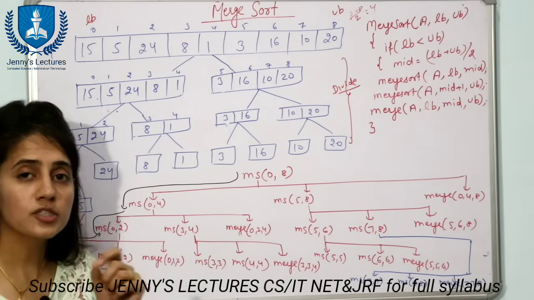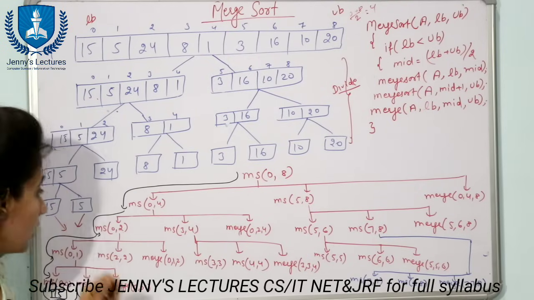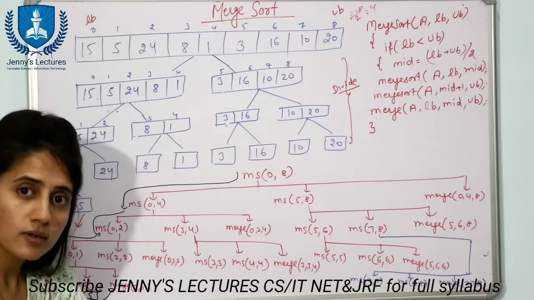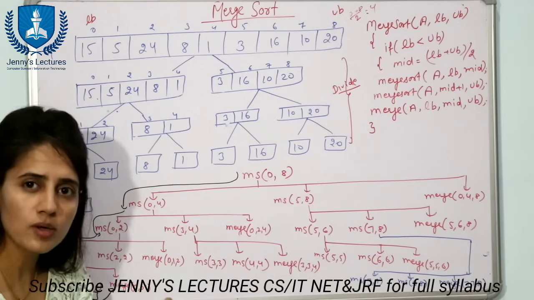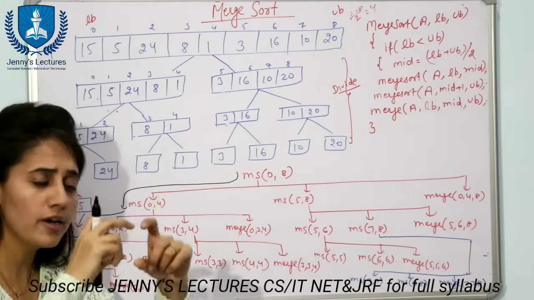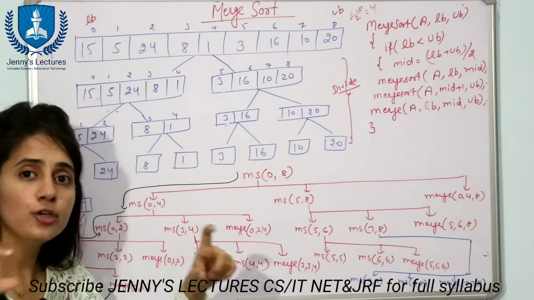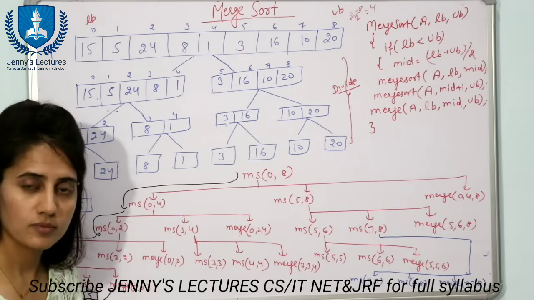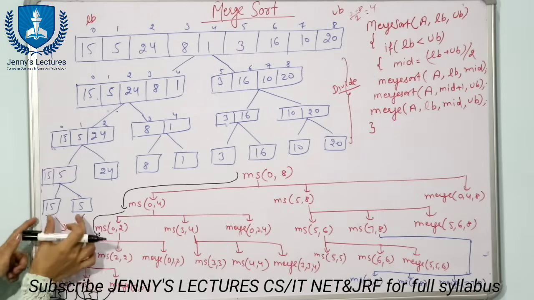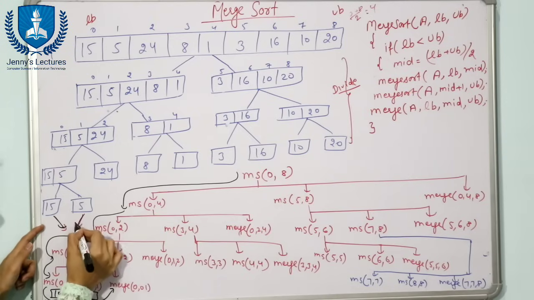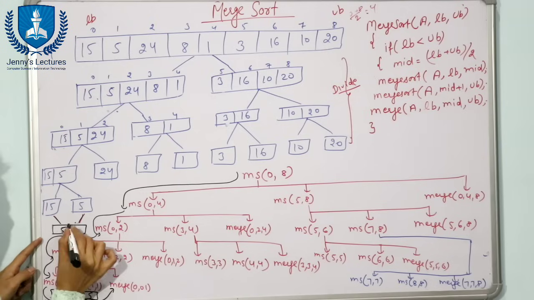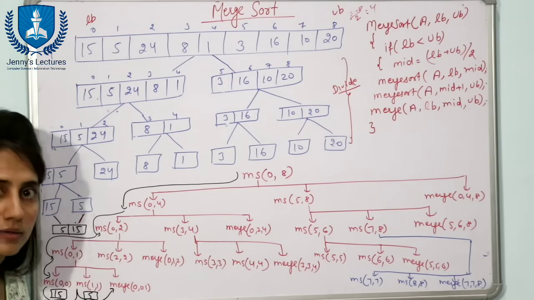Now how this merging is to be done? See, two sublists are there which are already sorted. You are going to merge those sublists and you are going to produce a new sublist, and that new sublist is also in sorted order. Fine. So after merging of this 15 and 5, the new sublist would be 5 and 15, right?